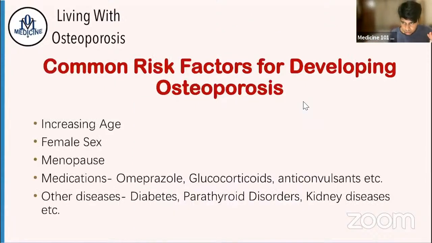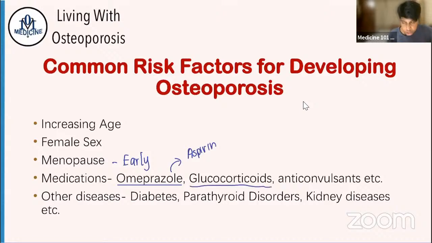Some of the most important risk factors for developing osteoporosis are as you grow older, and if you are a female, and then early onset of menopause is a risk factor. Then we have medications that you use daily to treat. If you are using aspirin daily, you are always prescribed omeprazole, so you have that risk factor.